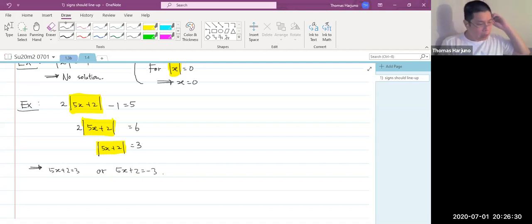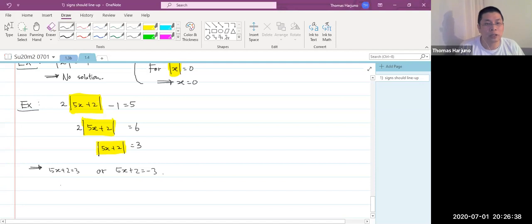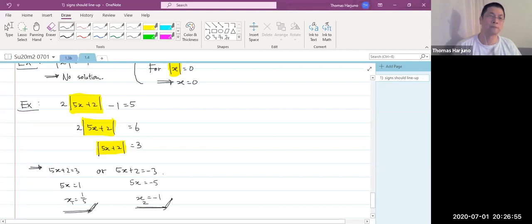So isolate your absolute value first. Now from there we go on. This is 5x equals 1, x equals 1/5. That's my x1. 5x equals -5, x equals -1. That's x2. So I have 2 solutions for this question.